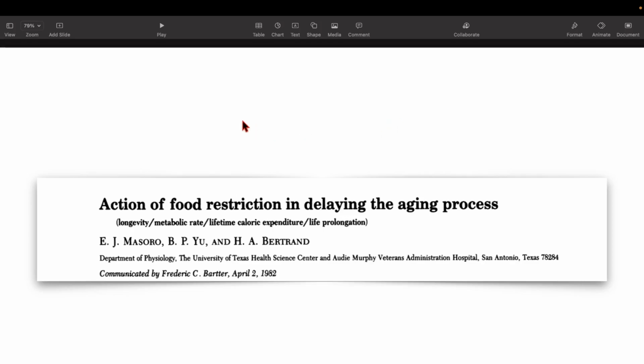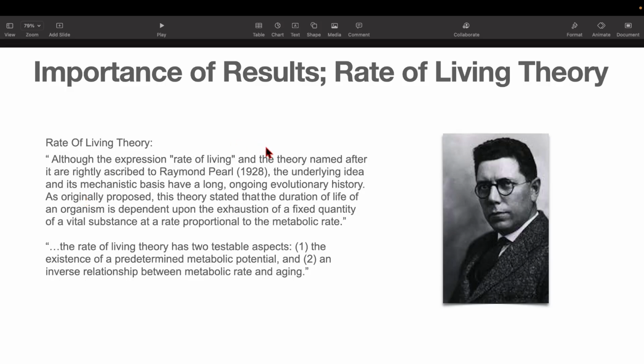The study we're going to cover today is called Action of Food Restriction in Delaying the Aging Process. We're going to jump right in here. To set the tone for longevity and life-extending research, there was a general theory created by a man named Raymond Pearl.